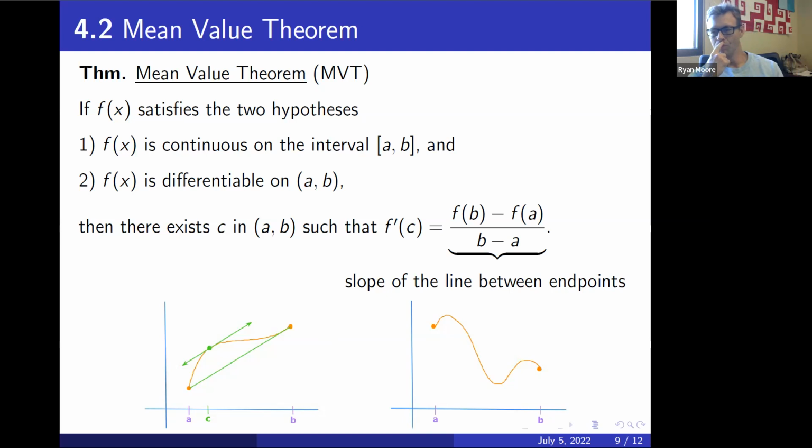Why do we call this the mean value theorem? It's actually from the slope connecting those endpoints. If we know the slope connecting the endpoints, that is the average slope of f of x on that interval from a to b. So when we say the mean value theorem, we mean the average. What's the average slope value?